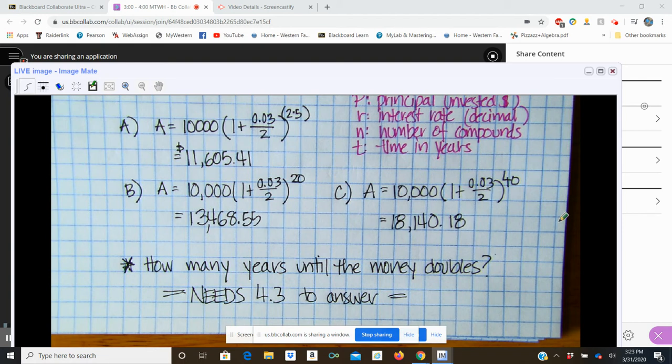So if you've had logs, that may be a little bit familiar to you, but don't back yourself into this corner for this assignment. You cannot backtrack and find the exponent yet, right?